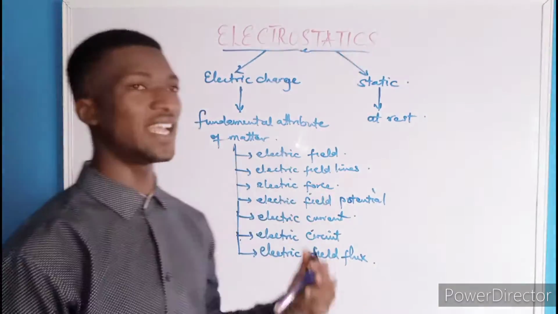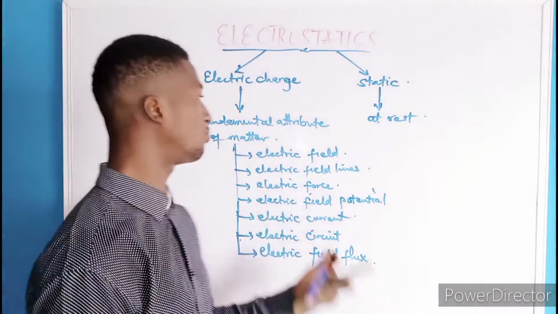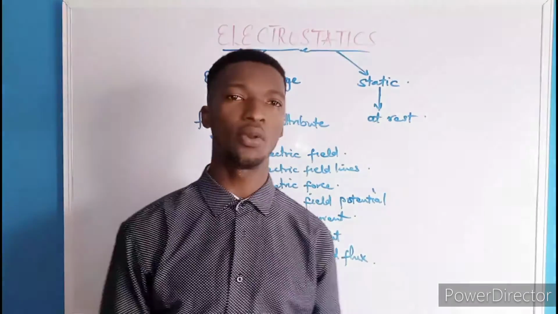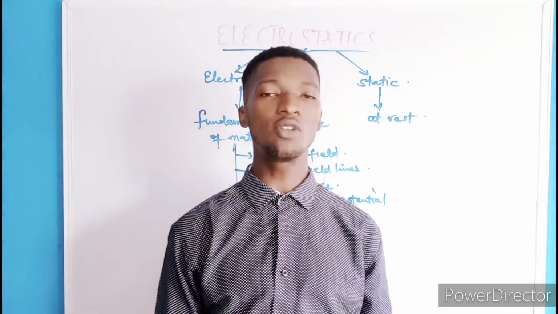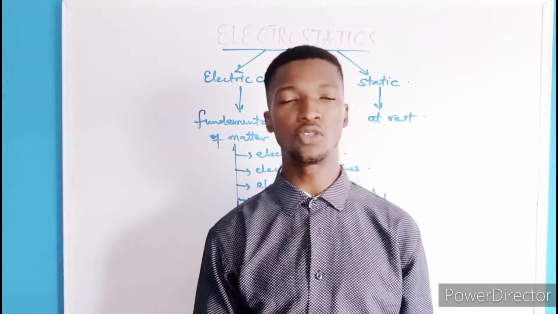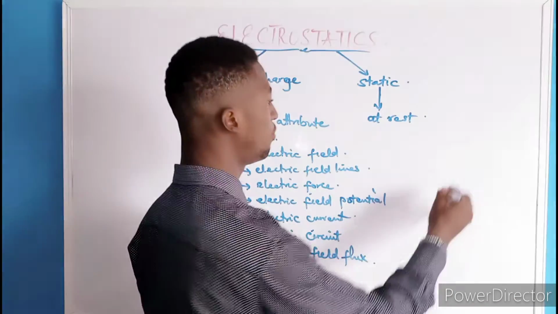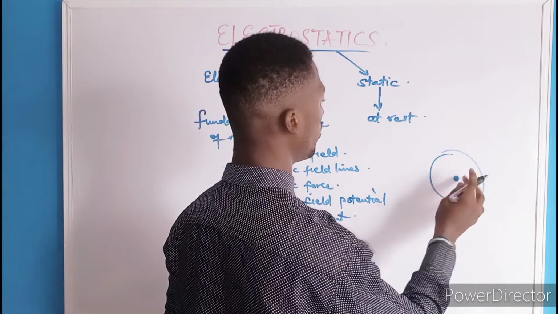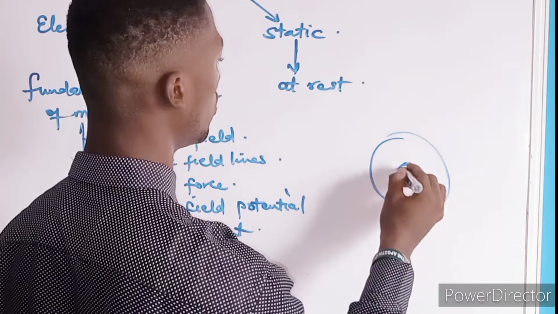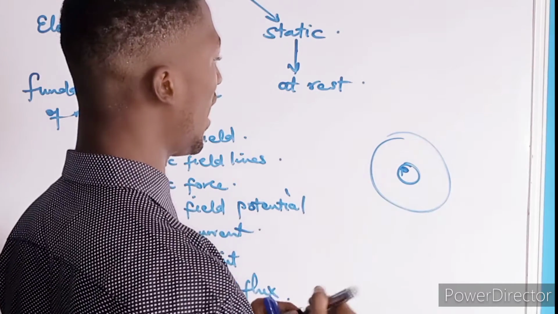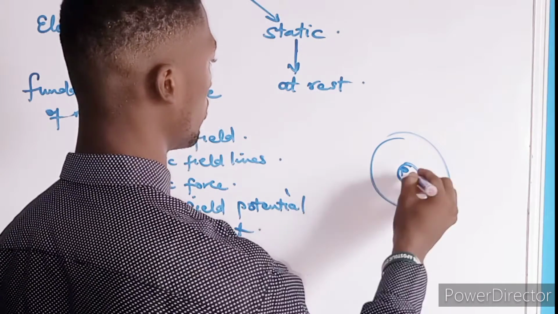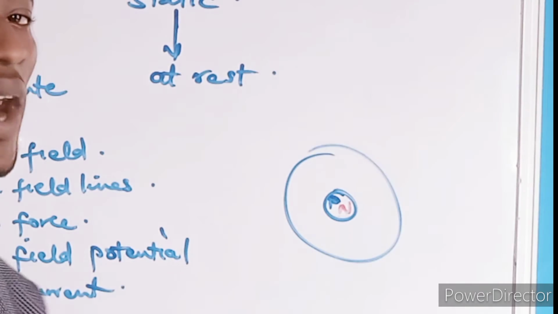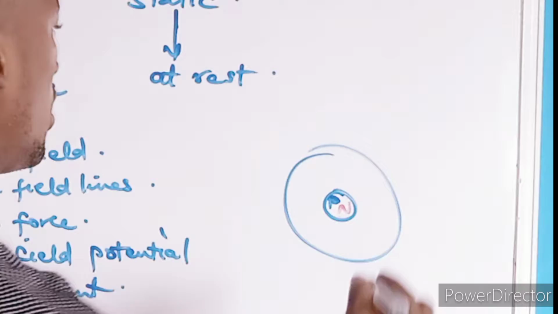Don't forget that electric charge is a fundamental attribute of matter. An atom consists of protons, neutrons, and electrons. In the nucleus of an atom, that is where you have the protons and the neutrons. The proton is positively charged, while the neutron has no charge.